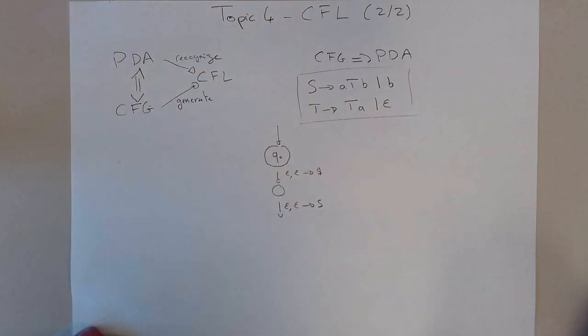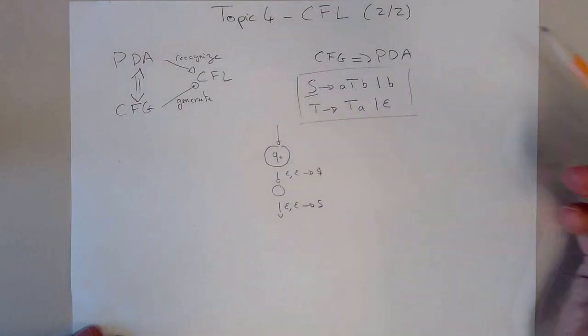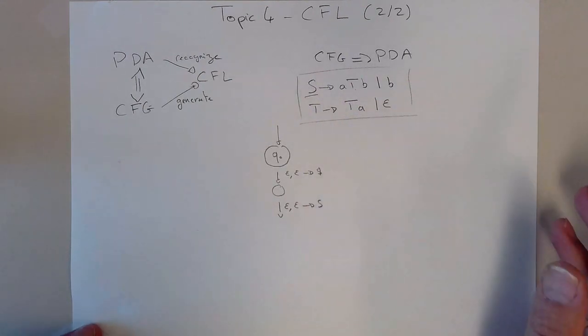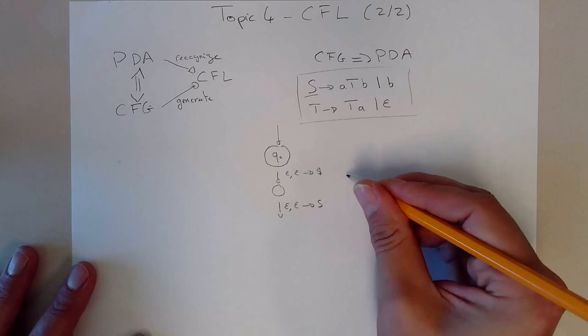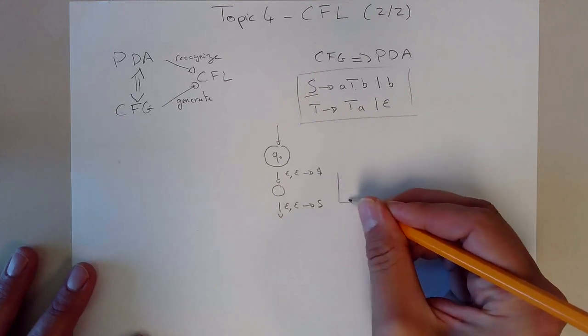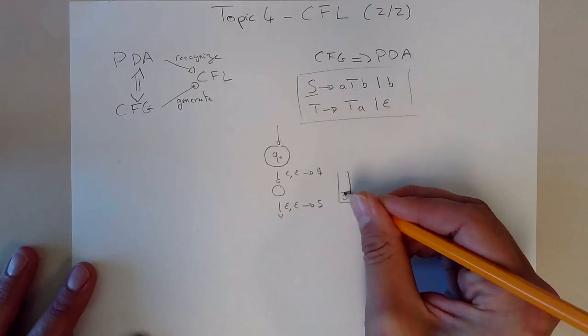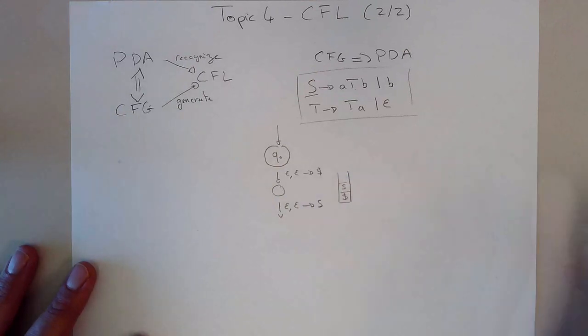We're always going to start with S, right? That's our starting variable, so we always start here. So we load S in our stack. At this point our stack contains $, and then S on top.